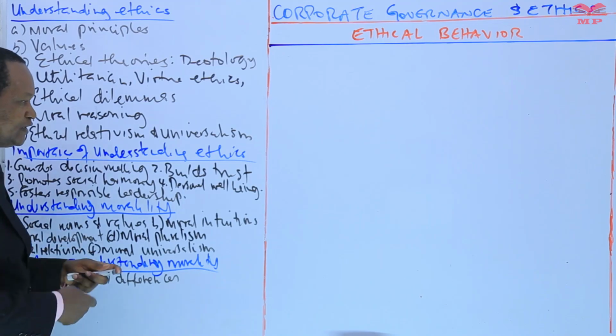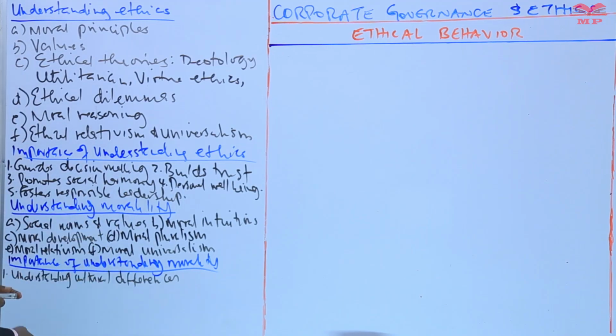It's important for all to understand morality so that we appreciate that we have diversity and we can then promote intercultural understanding, thereby reducing conflicts. So one reason why it's important to understand morality is to understand cultural differences.